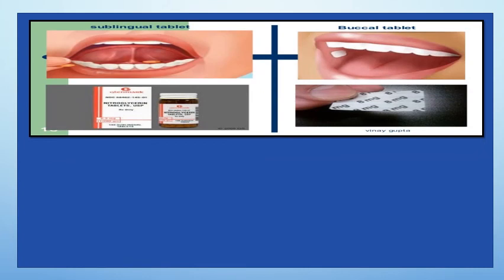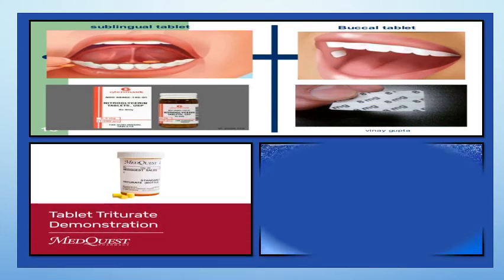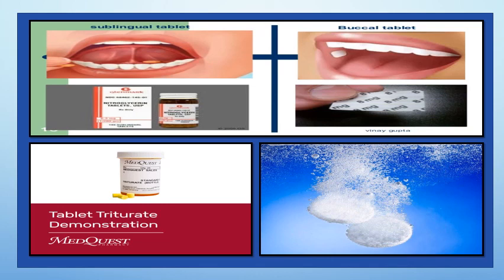In this slide you can see the sublingual and the buccal tablet, and how a sublingual tablet is taken. You can see a tablet is kept below the tongue and slowly it gets dissolved, and the medicament is released and absorbed there only. In the buccal tablet you can see a buccal patch being attached to the buccal cavity and slowly the drug is released here.